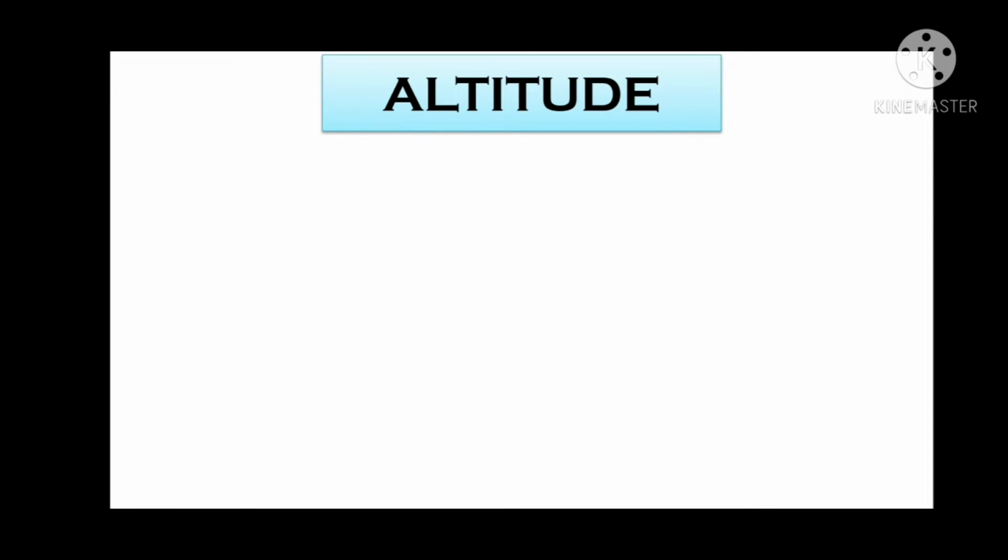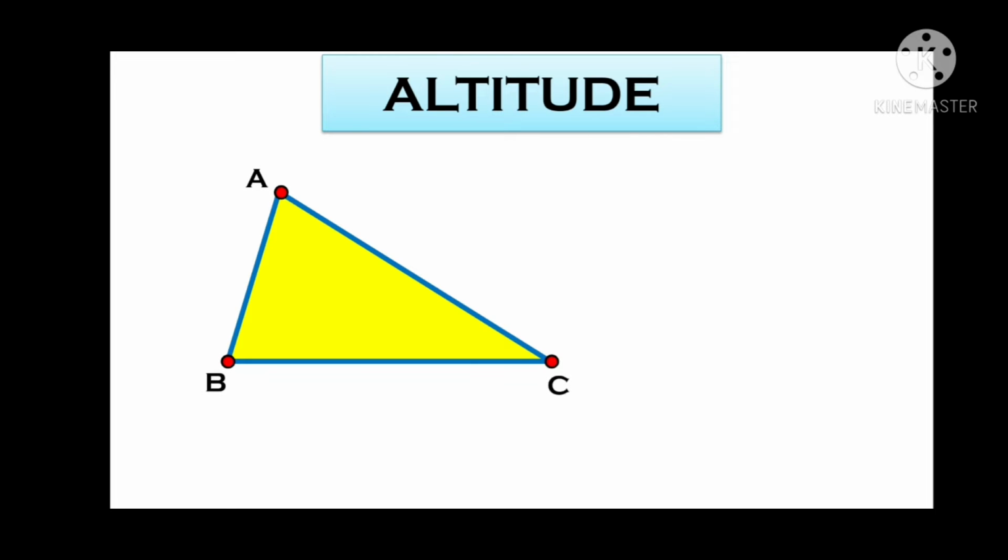Next, altitude. Let's consider a triangle ABC. Here let us draw a perpendicular from A to BC. Let it meet BC at the point D. Here you can see it forms a right angle.